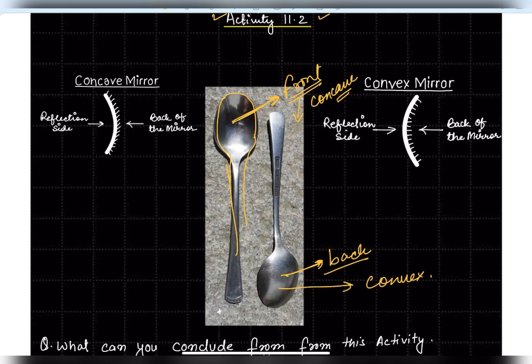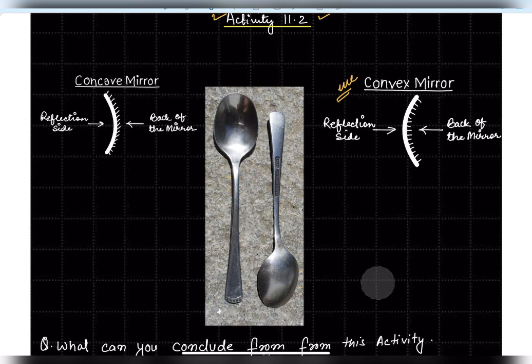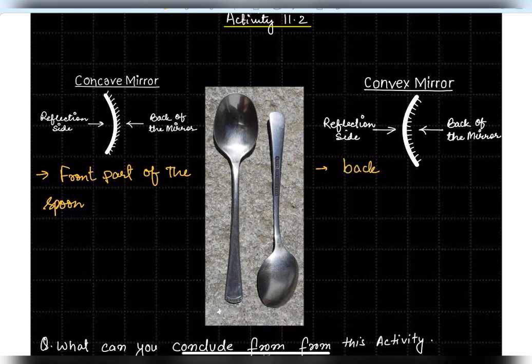The front part, which is the concave side, acts as a concave mirror, and the convex mirror is the back side of the spoon. This is a very good example of concave and convex mirrors.